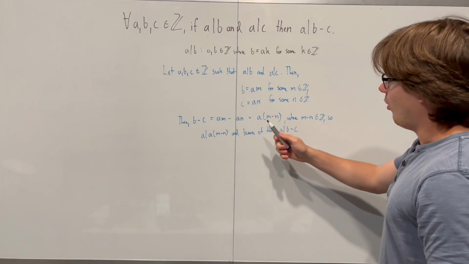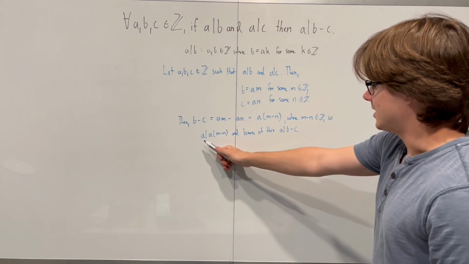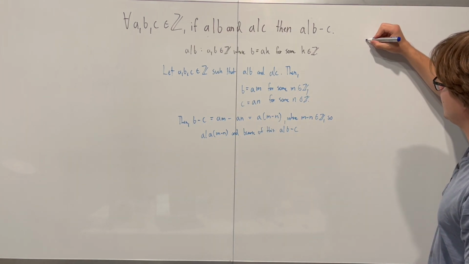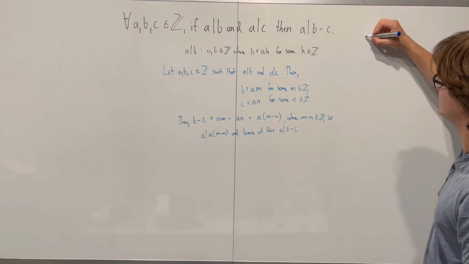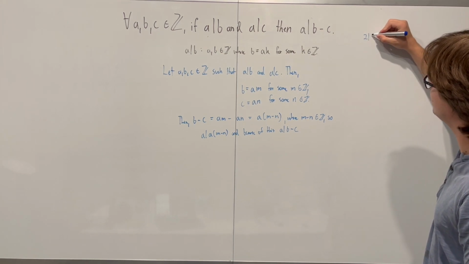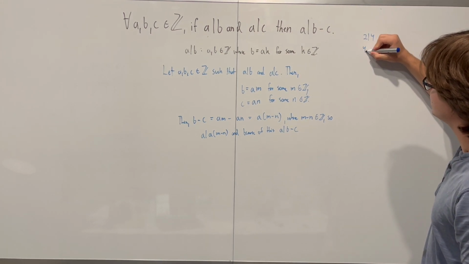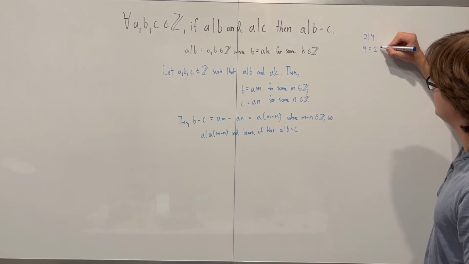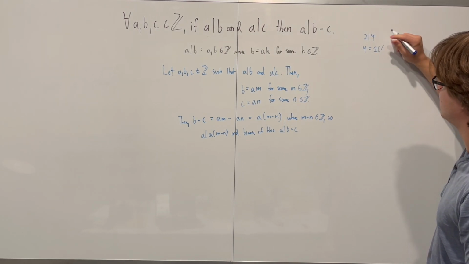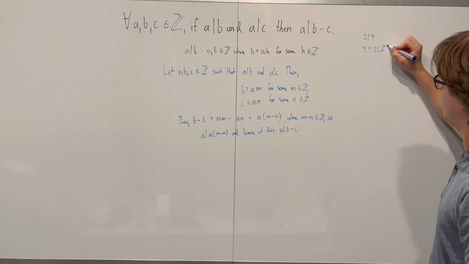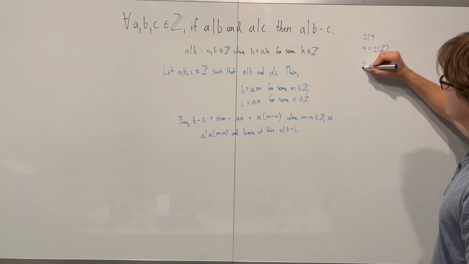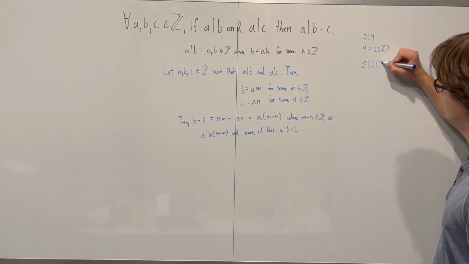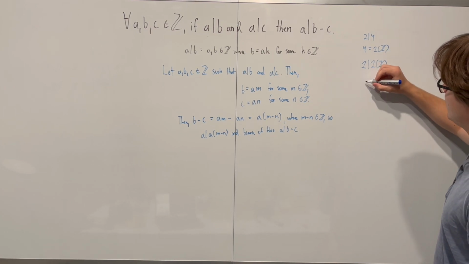Once again, why can we jump from here to here? Because when you're saying something divides something, with the examples we noticed, I explicitly wrote out, if we have 2 divides 4, 4 can be written as 2 times some integer. I'm just going to call this z, right? So in other words, we're asking 2 divides 2z, right? Same thing with 3.